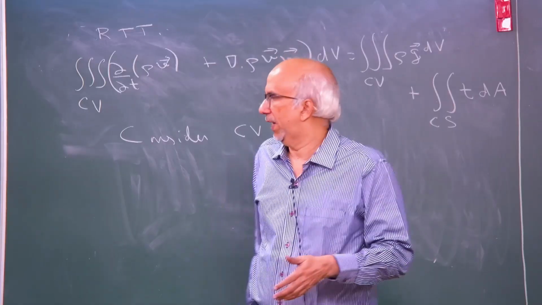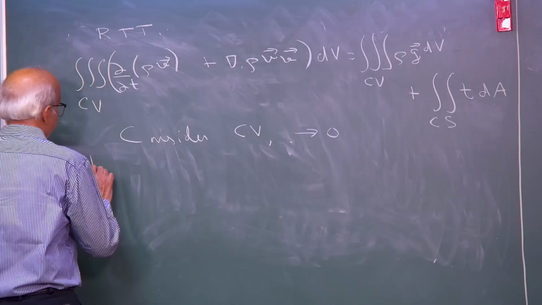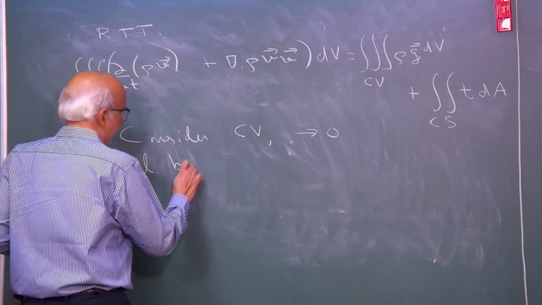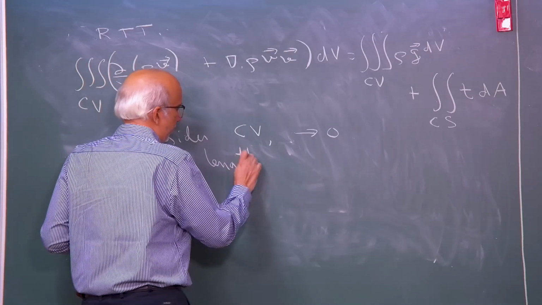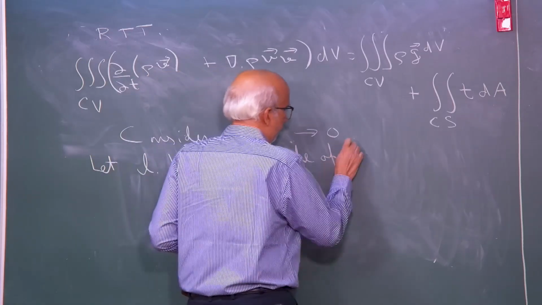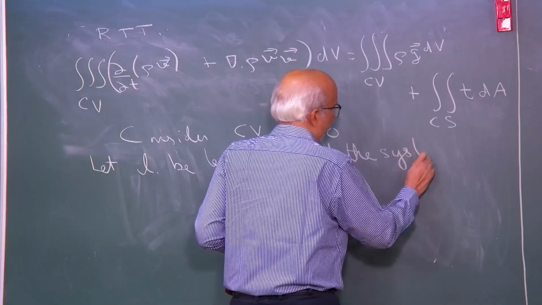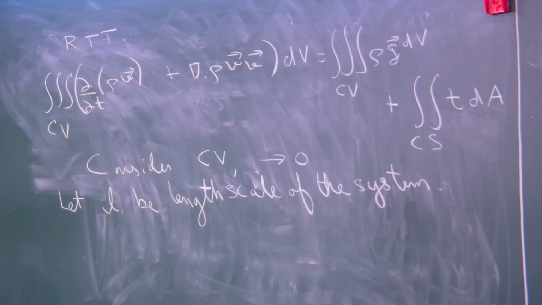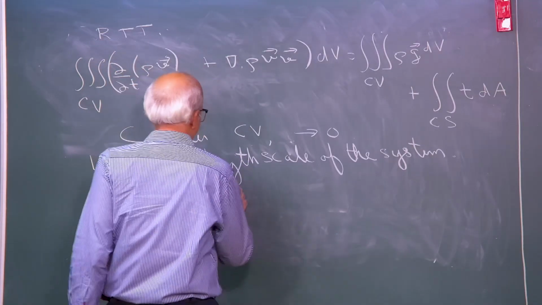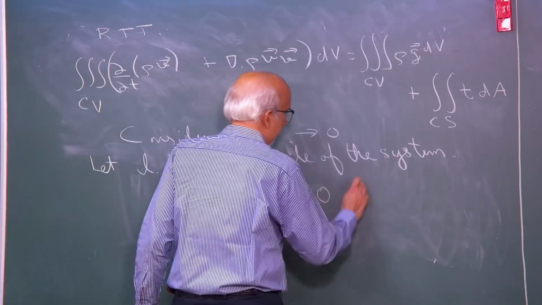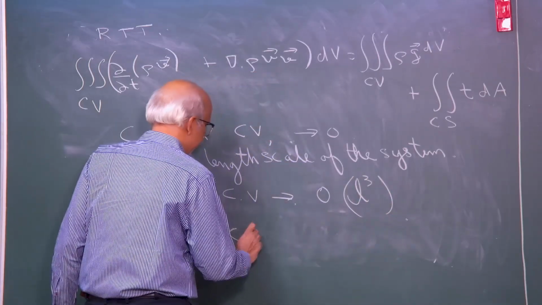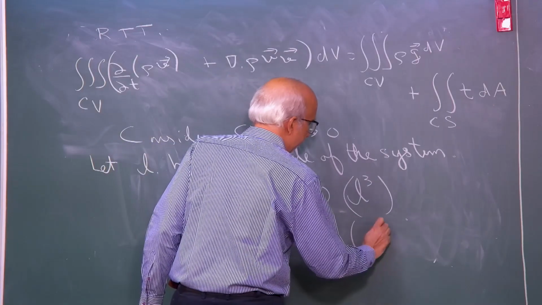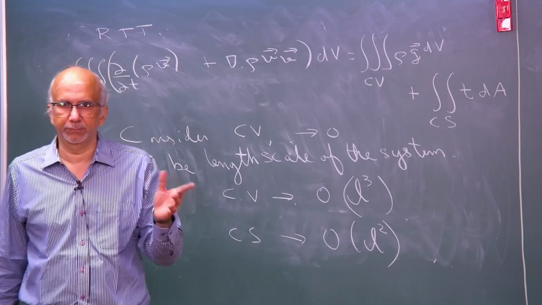So, let L be the length scale of the system. The control volume will scale as L cube, because that is how volumes are. So, control volume is going to be of order L cube, whereas control surface is going to be of order L squared, because area scales as L squared.